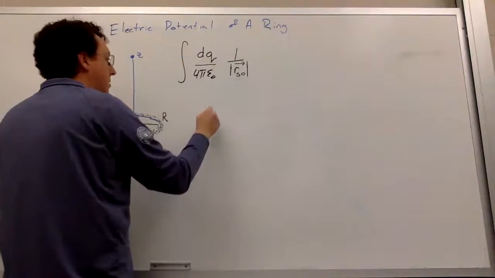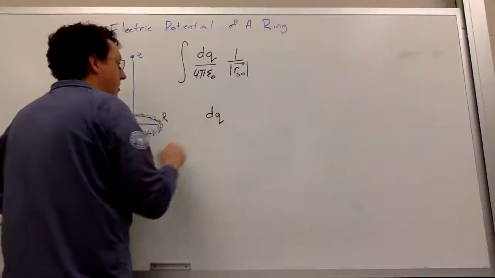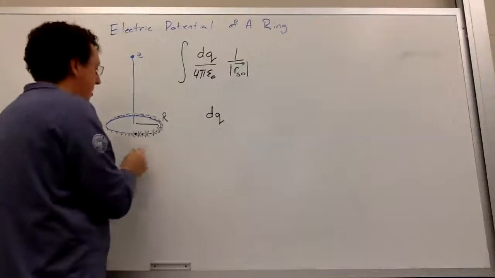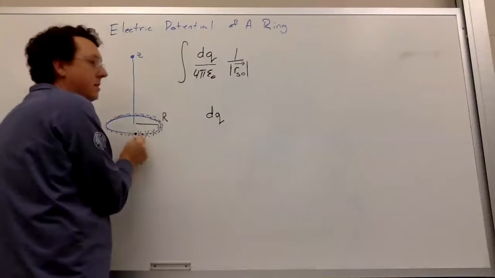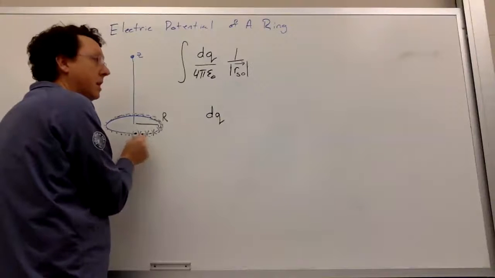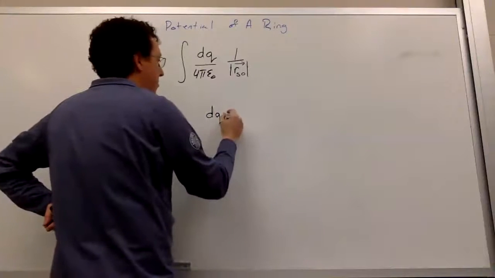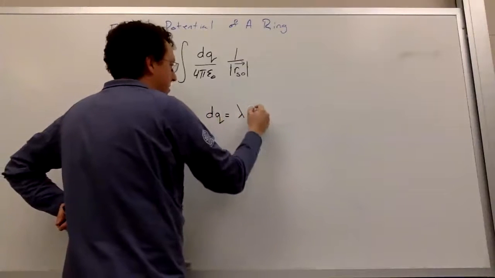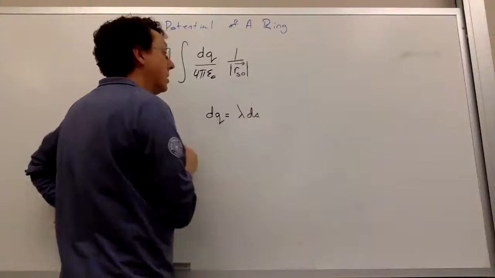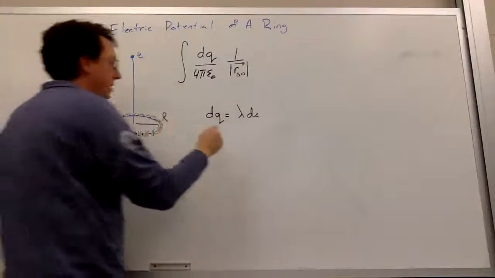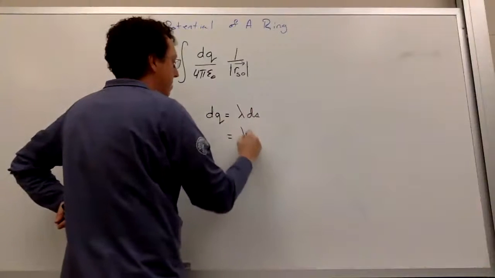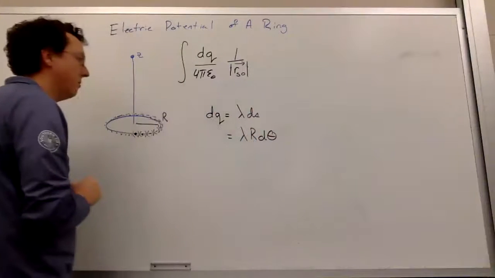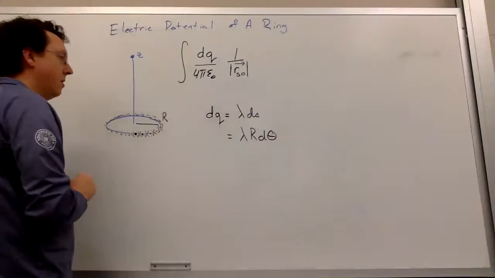So dq is just a baby-sized piece of charge associated with a baby-sized piece of length. So I can write dq as lambda, the charge density, times ds, the arc length around that ring. That's nothing other than lambda times R d theta, using the arc length formula for a ring.